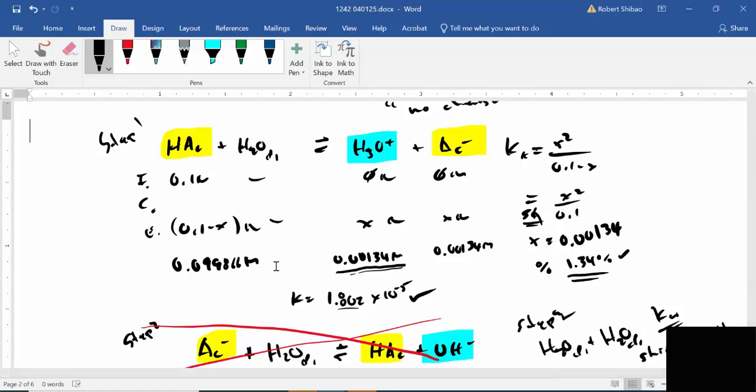This is a very common mistake because we're not used to doing it. From chapter 16, we're always used to starting with 0.100, right? We're always used to doing that, and we get so used to it, it becomes a habit. Do you see my mistake?